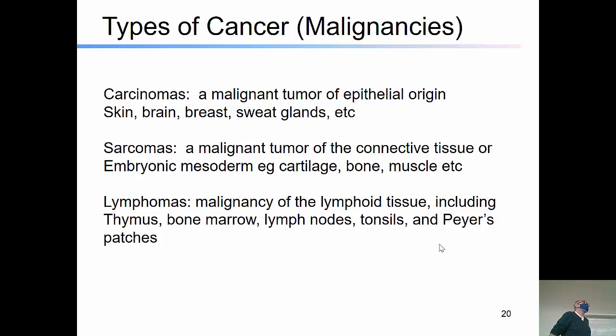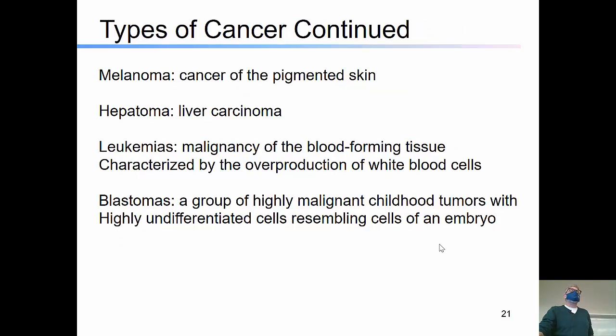So we can use a few terms. Carcinomas are epithelial in origin, so skin, brain, breast cancers. Sarcomas are for connective tissue, so cartilage, bone, muscle. Lymphomas are lymphoid tissue, so thymus, bone marrow. Melanoma, we can use this term for pigmented skin, so again, a kind of carcinoma.